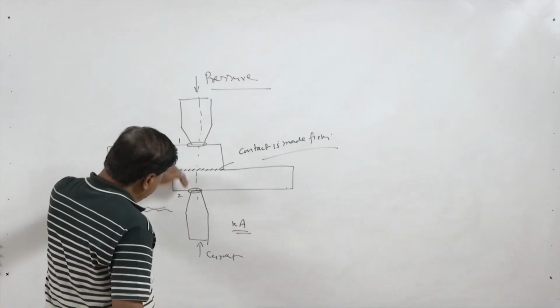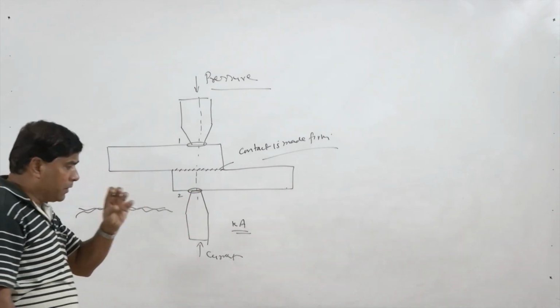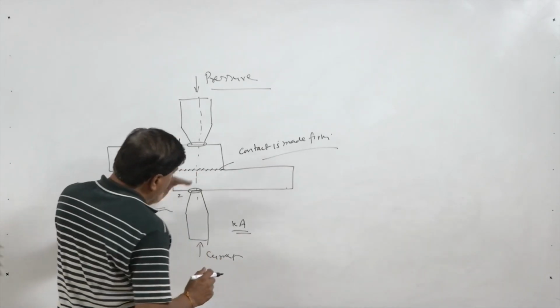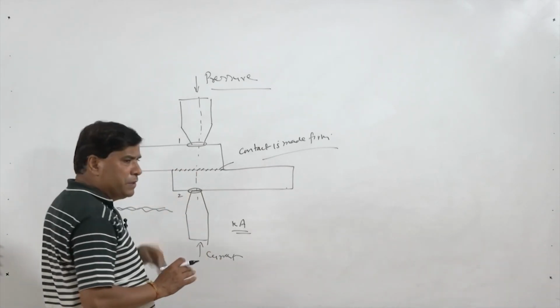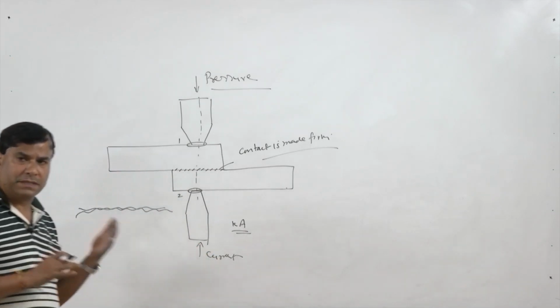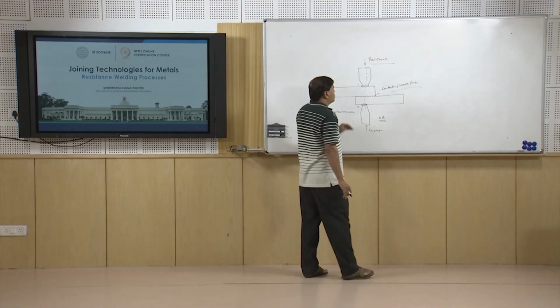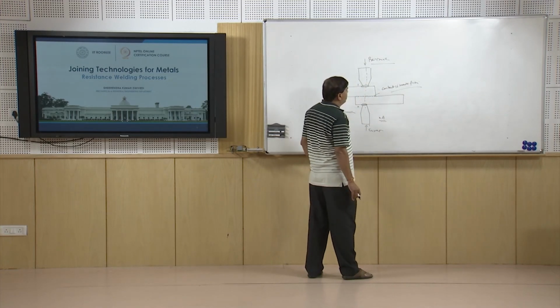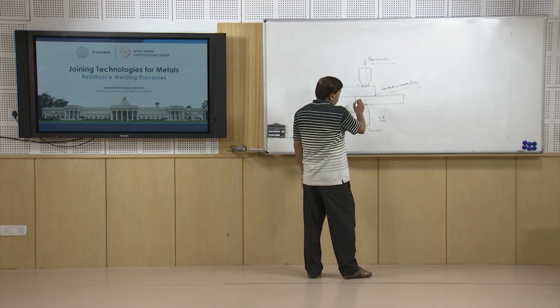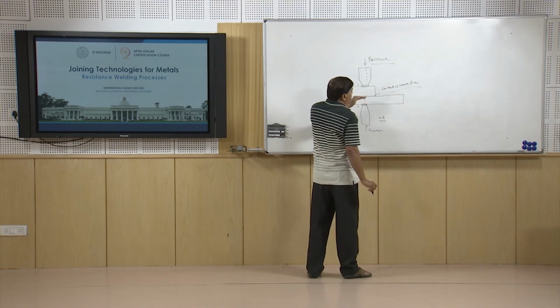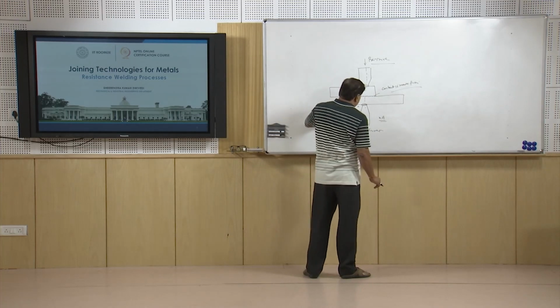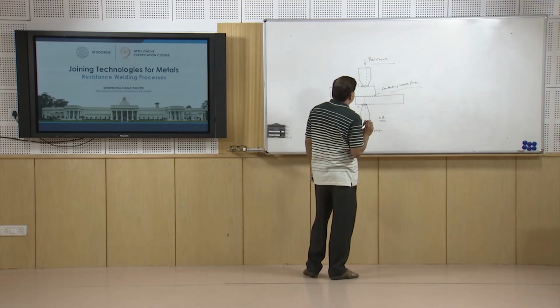Since a heavy current is flowing, a loose contact may result in sparking or arcing between the surface of the workpiece and the electrode, which will damage both the surface of the workpiece as well as the electrode. So, a firm contact is required first between the electrode and the workpiece, and then of course, a firm contact is also required at the faying surfaces between the workpieces, and that is why sufficient pressure must be applied.